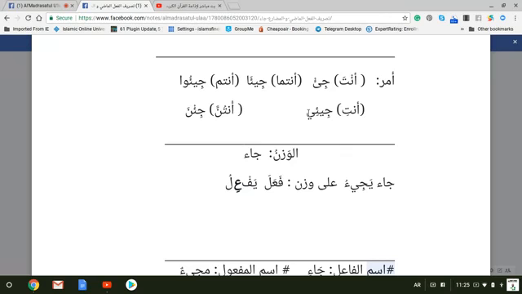Past tense sound verbs, Mudari', present tense. Past tense verbs that are sound and present tense verbs that are sound. Then I taught the command form of verbs related to the Mudari' and their sound letters, sound verbs. I taught that first.